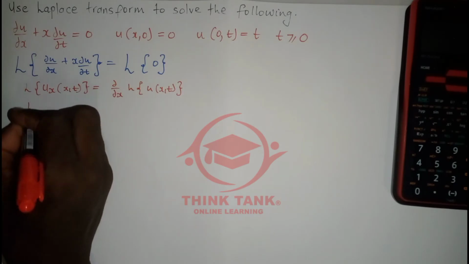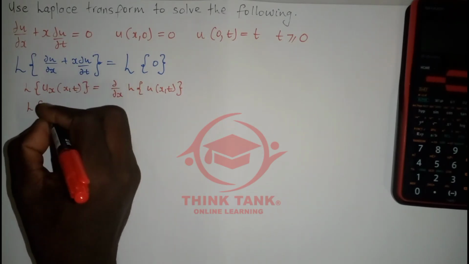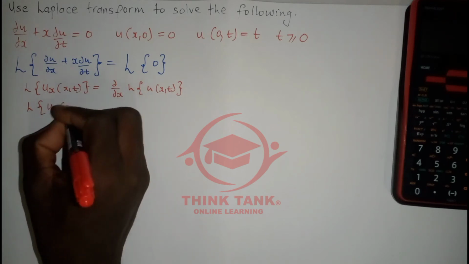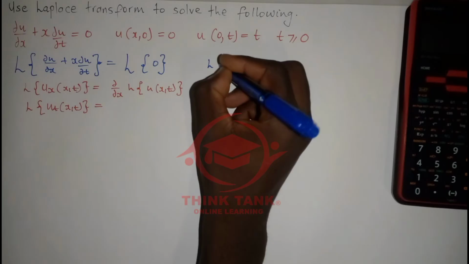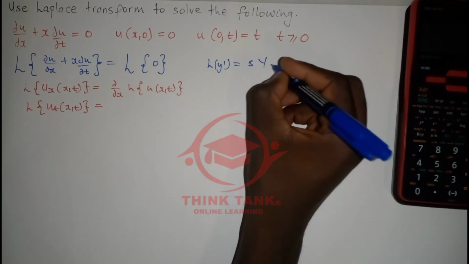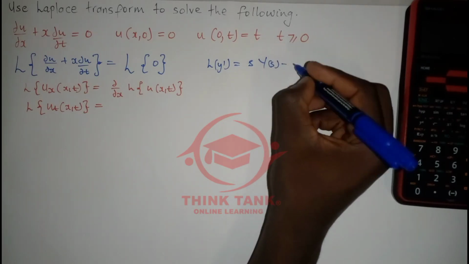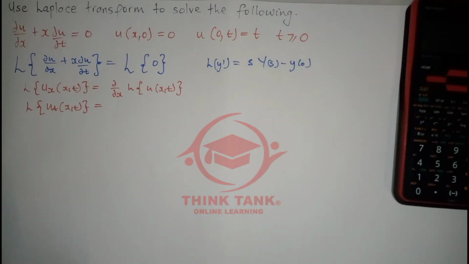Now for this one, partial u partial t of (x,t), the Laplace transform of y prime is equal to sY(s) minus y(0). I'm going to use this.